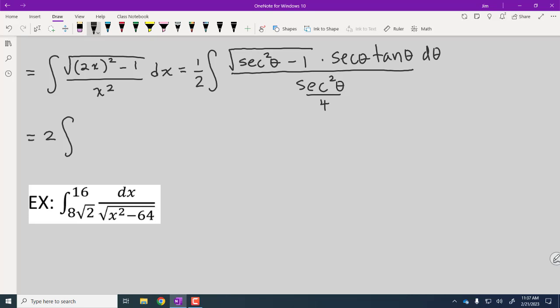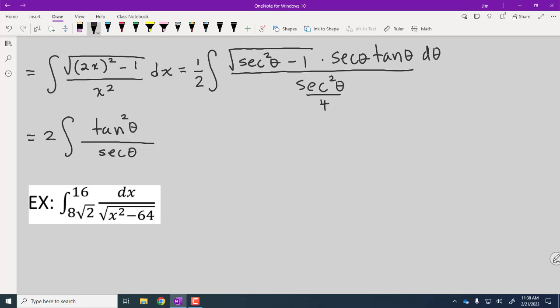Secant squared in the denominator, secant in the numerator, that leaves us with 1 secant in the denominator. Secant squared minus 1 is tangent squared. Square root of tangent squared, tangent. Tangent times tangent is tangent squared.